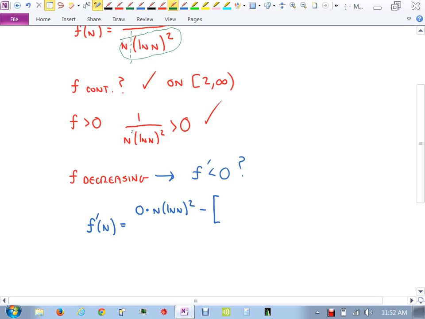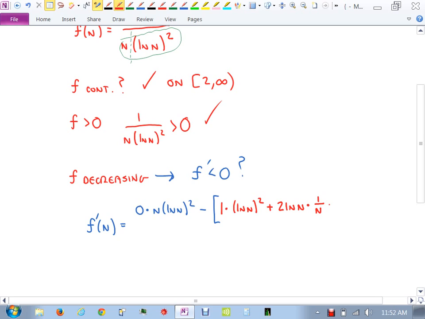Can you all help me with this? Do that product rule. Well, what's the derivative of n? 1 times the second one, natural log n squared, plus what's the derivative of natural log n squared? 2 natural log n times, what's now the derivative of natural log n? 1 over n.